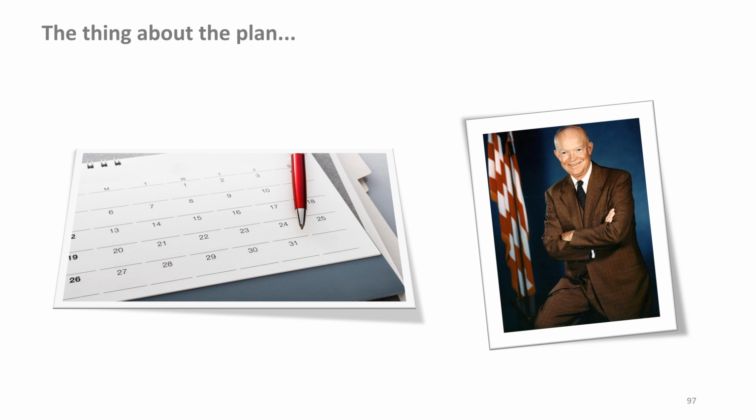None of that is true. A quote from Dwight D. Eisenhower, a former US president, is, "Plans are worthless, but planning is everything." We plan quite a lot in Scrum.